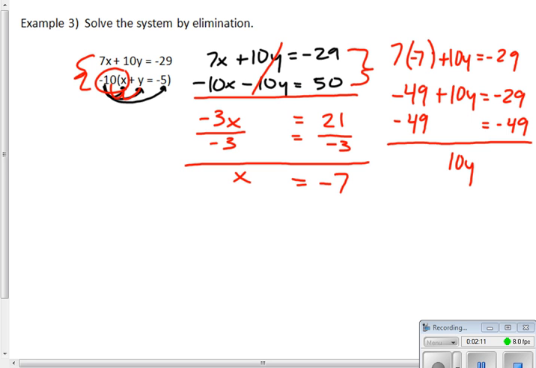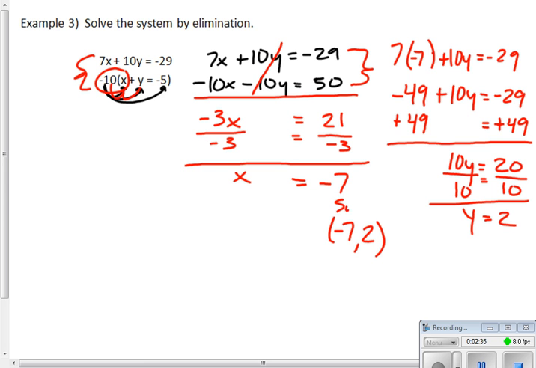This is actually negative 49. And then I would need to add 49 to both sides. So my mistake there. When I do that, I have 10y equals 20. And then I would divide both sides by 10, giving me y equals 2. So again, that's an ordered pair. That's our solution here. Negative 7, 2 is our solution, and that is the point of intersection.